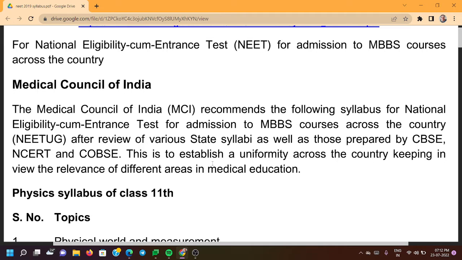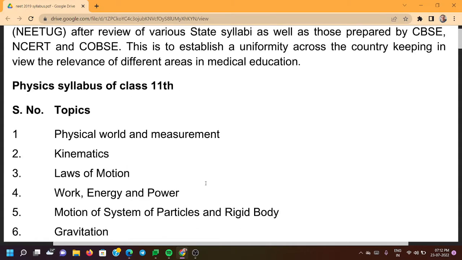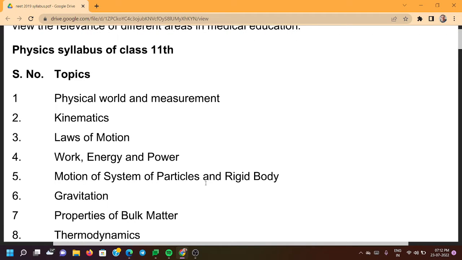This is to establish uniformity across the country, keeping in view the relevance of different areas in medical education. So let's start the physics syllabus of class 11th.